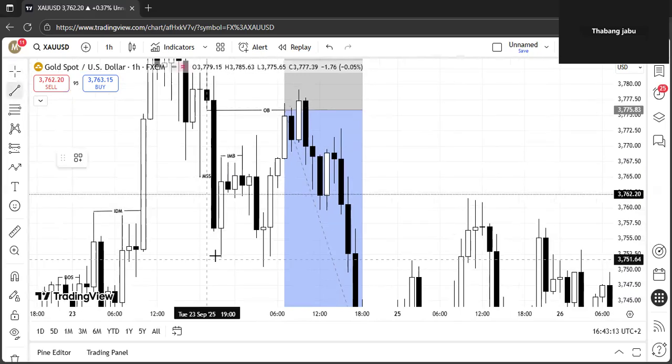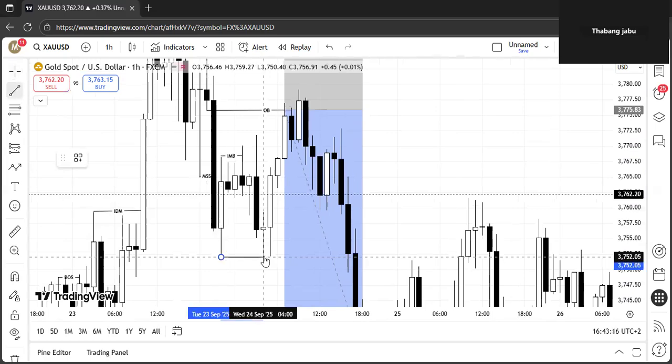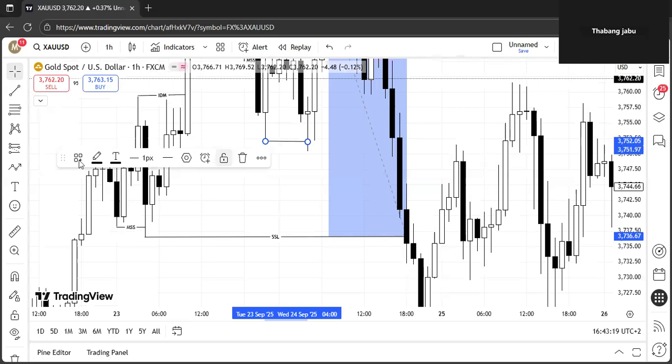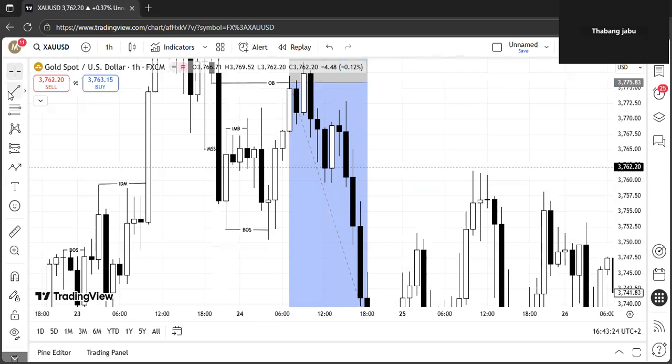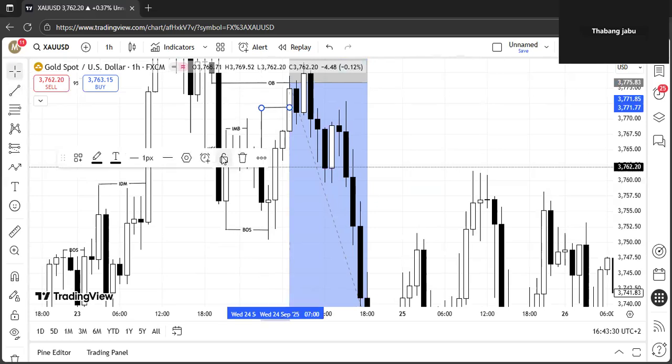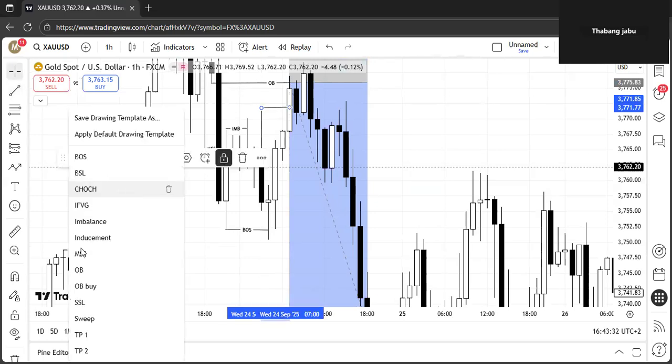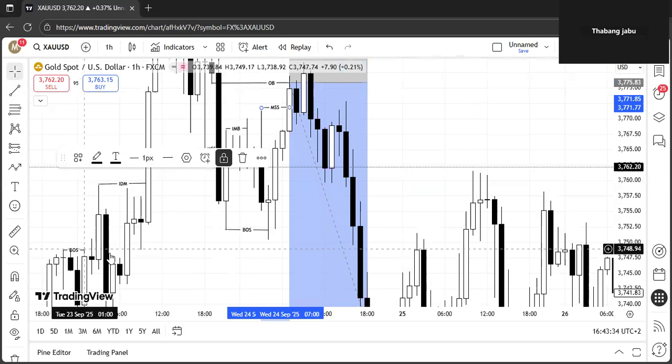We have a low right here, which is the break of structure to the downside. And then let's mark the break of structure to the downside. And then here we have a change of character to the upside. We mark our change of character.